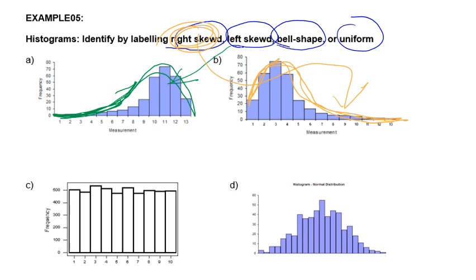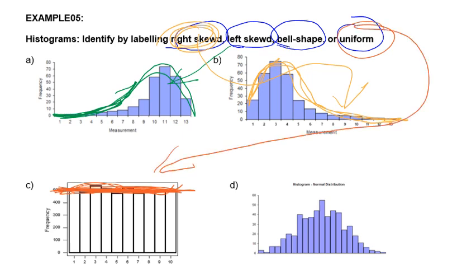Our next one, this one sort of goes straight across. It might have some waves in it, but it's sort of like a horizontal line. Uniform. And our last one sort of looks like a bell.